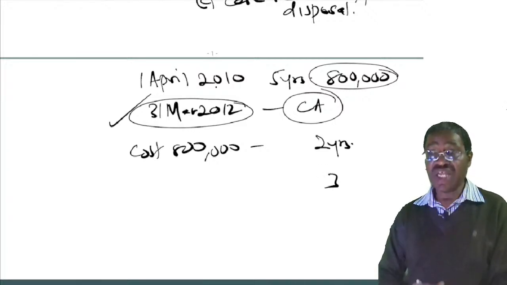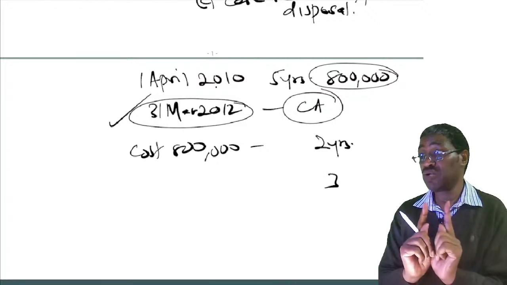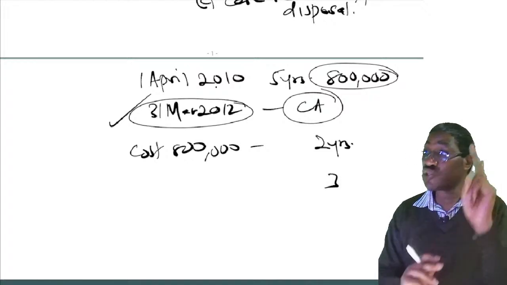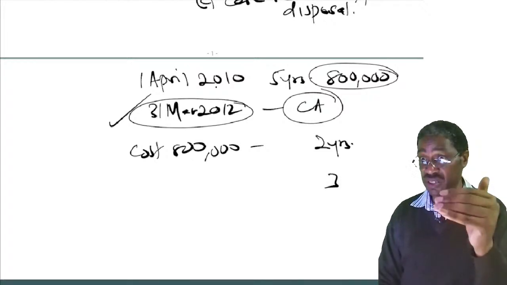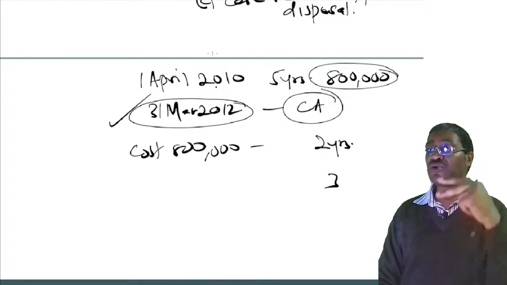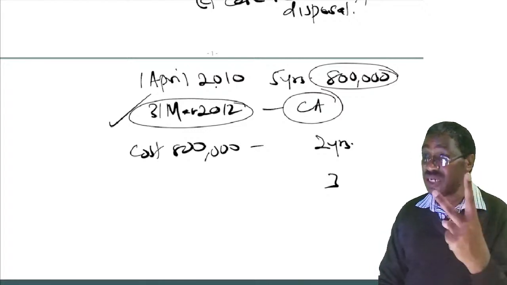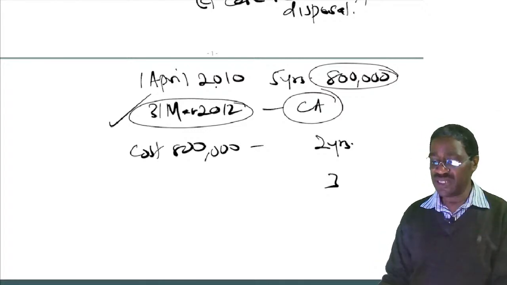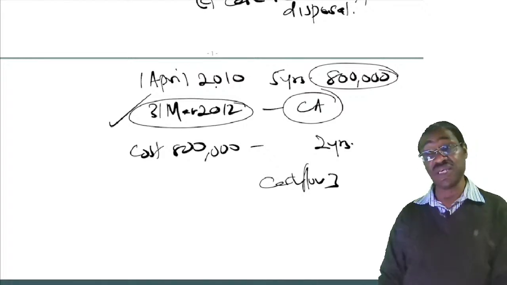You remember, they gave you cash flows for only 3 years, not 5 years, because we have already used the machine for 2 years. The useful life initially was 5 years, but by the time we are testing for impairment, we are only remaining with 3 years. So that's why the examiner is giving you expected cash flows for the remaining 3 years.